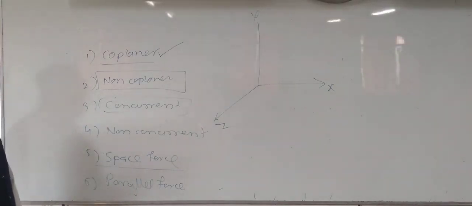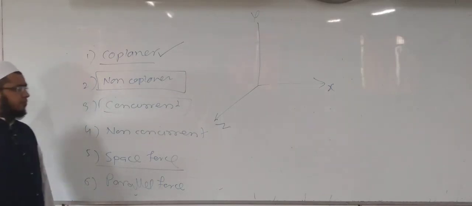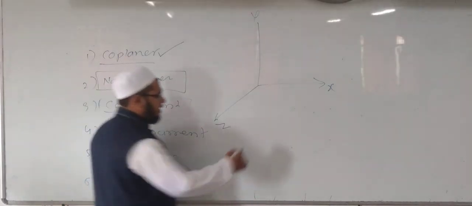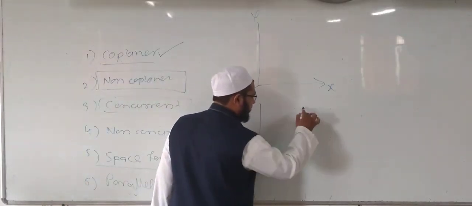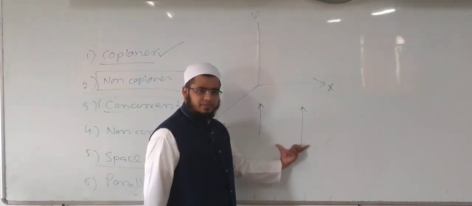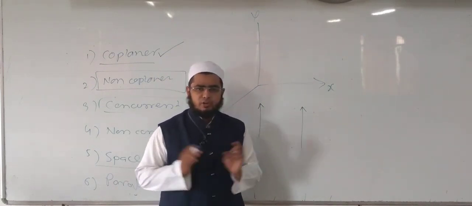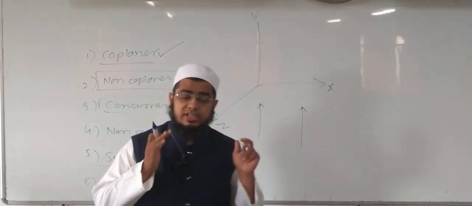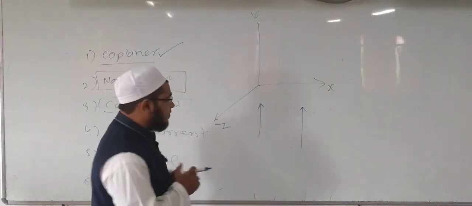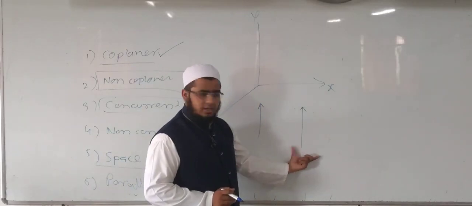Then the parallel force system. Whenever the lines of action of the forces are parallel to each other, the force system is called a parallel force system. In the parallel force system, there are two possibilities. The first possibility is the direction of force, because we know that force is a vector quantity, and to describe a vector quantity we require magnitude as well as direction.